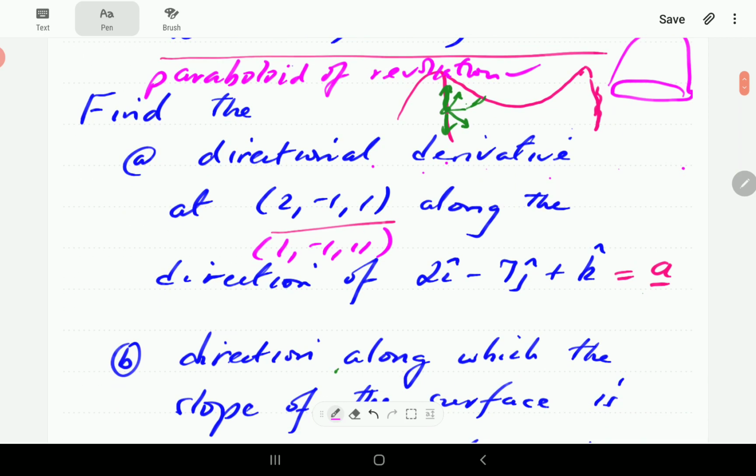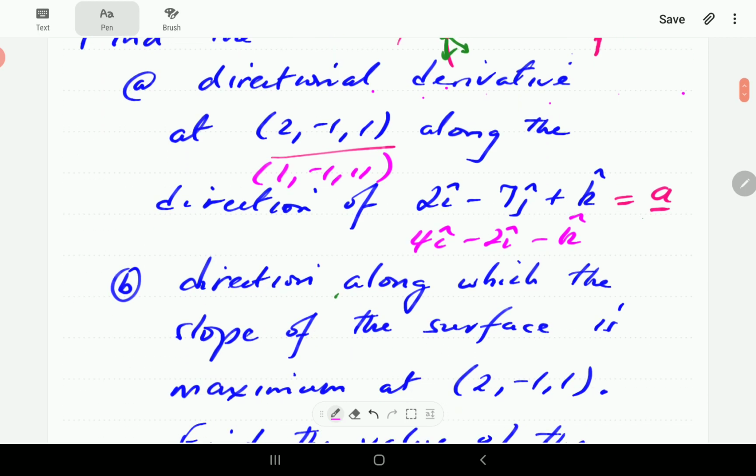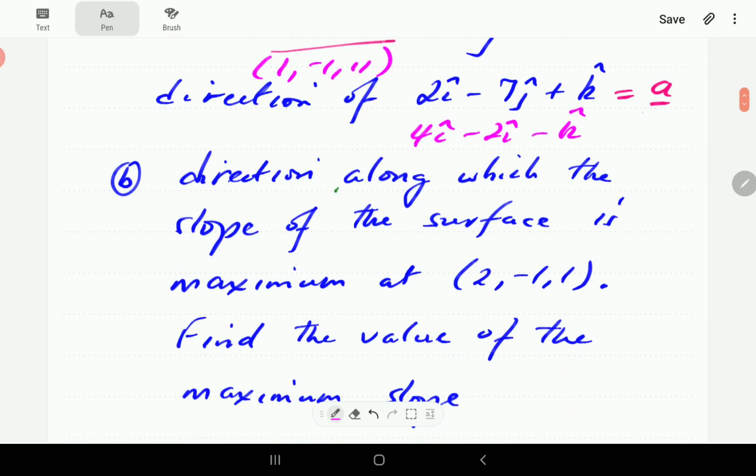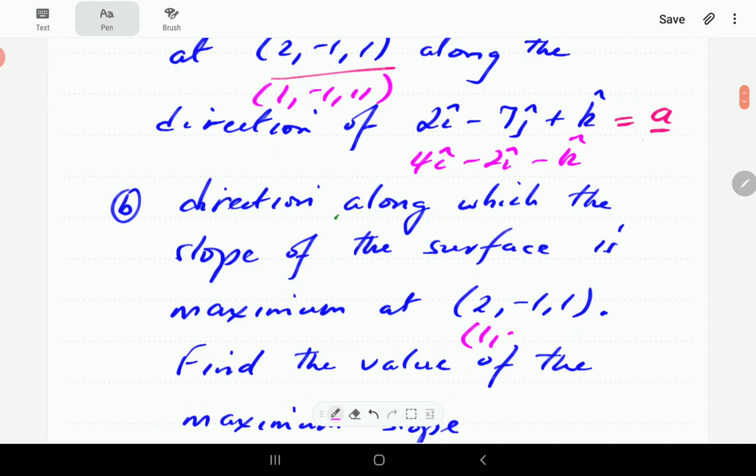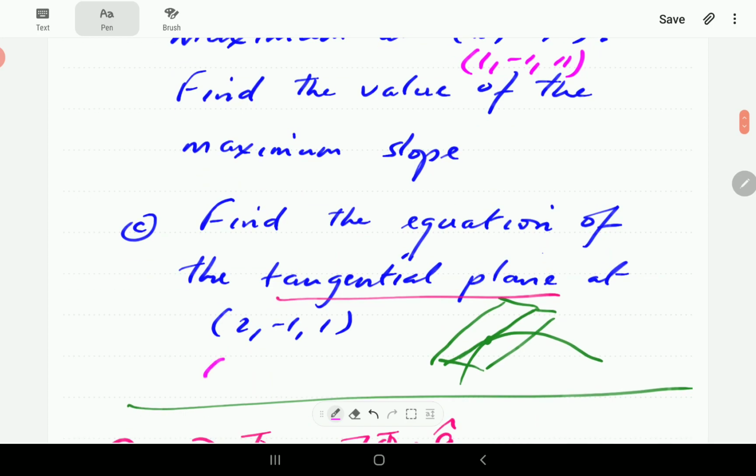along the direction of the vector 4i minus 2j minus k. Then the same question here, we're going to have 1, minus 1, 1, and same thing there.